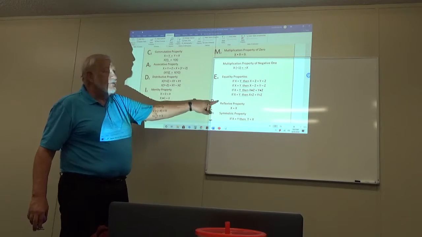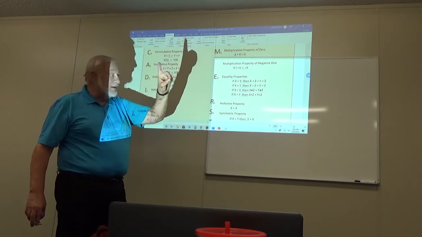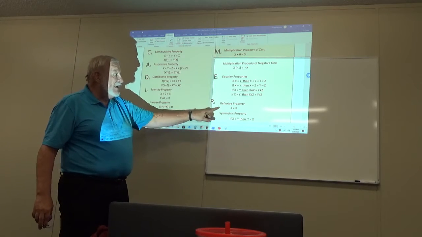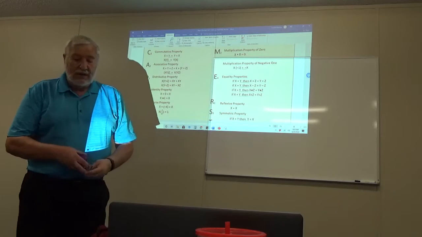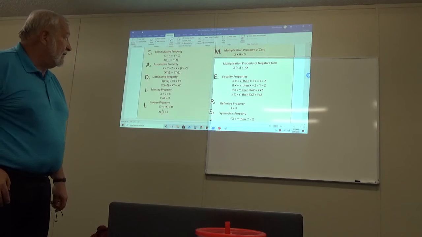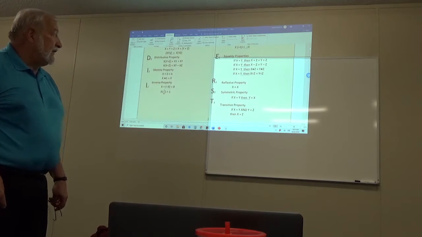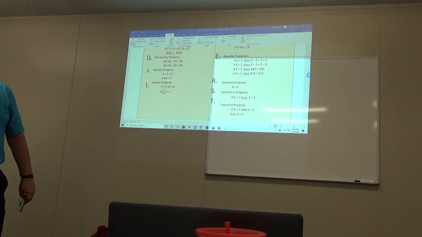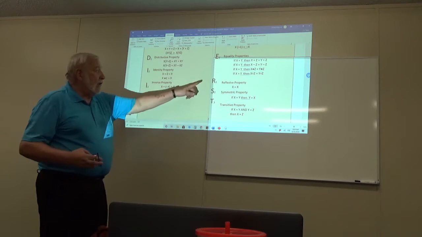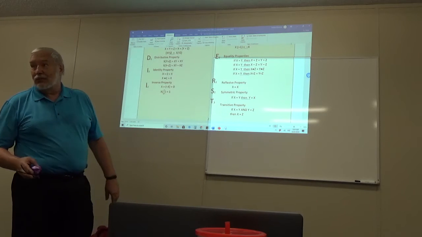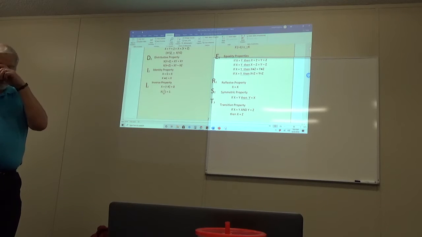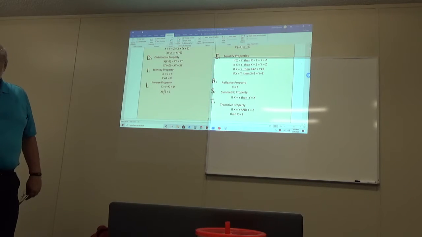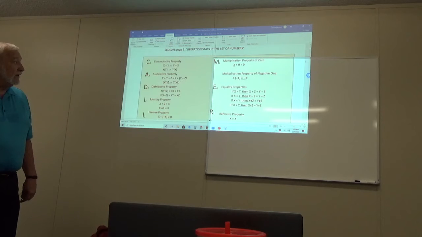The reflexive has one equation, x equals x. Symmetric, if x equals y, then y equals x, has 2 equations. And then the last one, transitive, has 3 equations: if x equals y and y equals z, then x equals z. So I like to go RST, 1, 2, 3, as my memory tool. I saw several people have already been trying to review that again. That will be important.